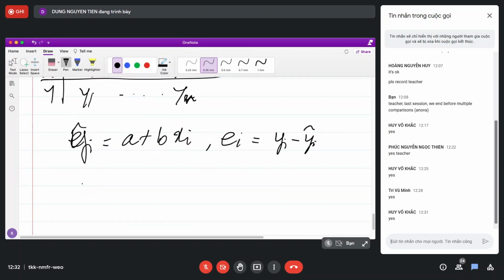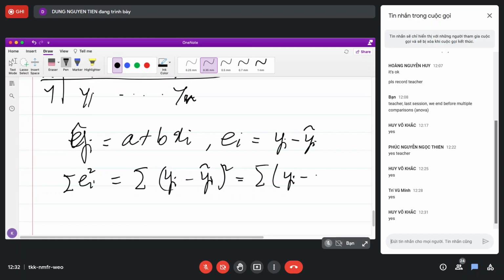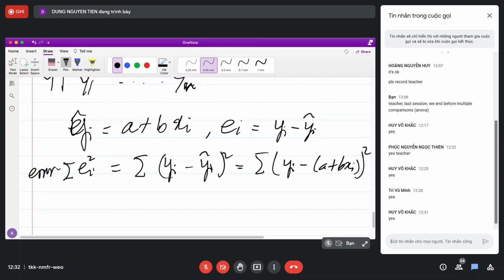So you can find the sum of ei squared, that is the sum of yi minus yi hat all squared, and that is the sum of yi minus (a plus b xi) all squared. Okay, this is the error, right?